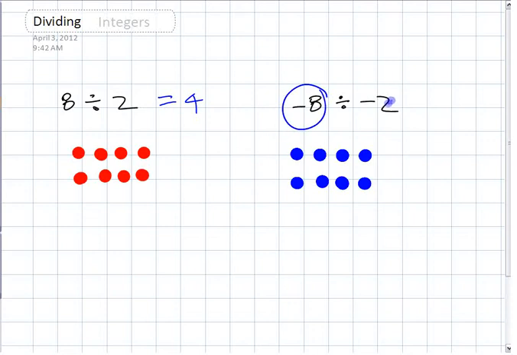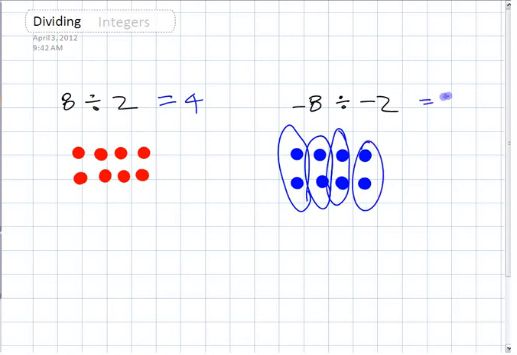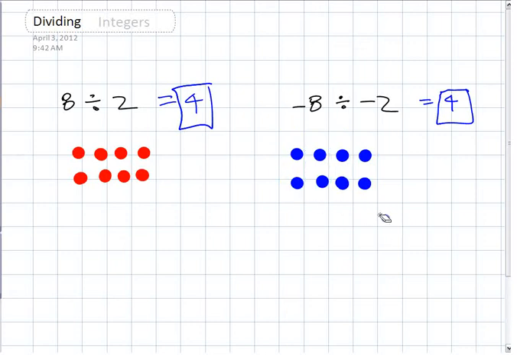If I want to divide it by negative 2, how many groups of negative 2 can I make out of negative 8? There's one group of negative 2, there's another. It's 4, right? This is positive 4, not negative 4. It's the same answer as if they're both positive.